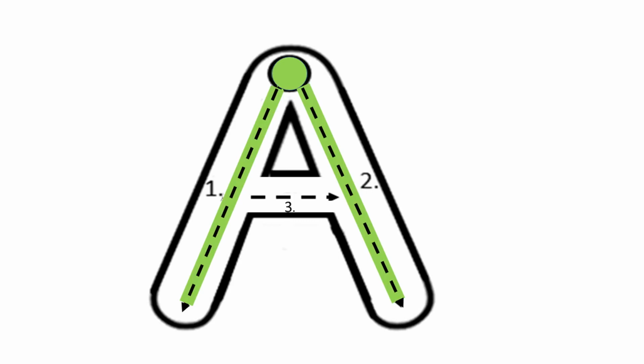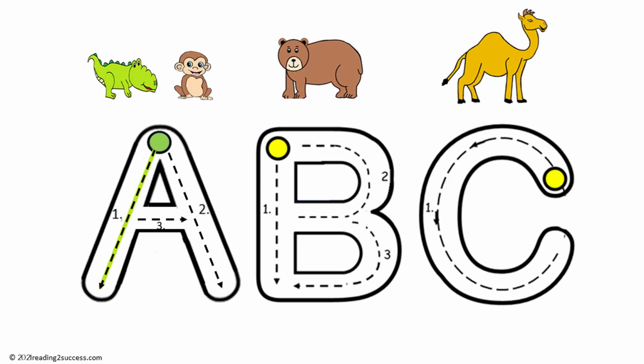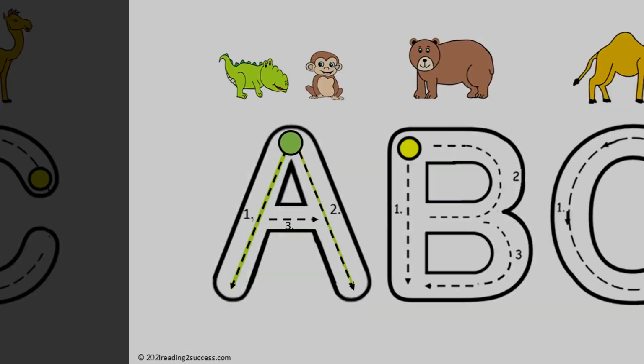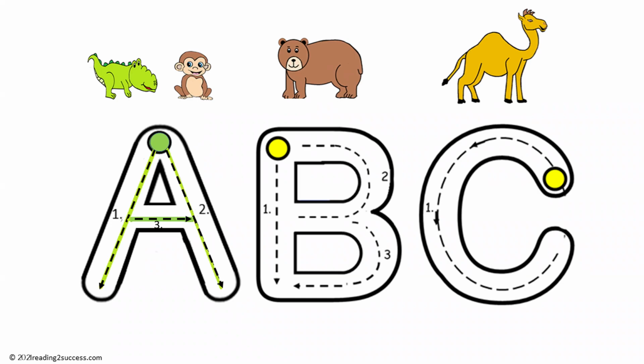Then go back to the top to the green circle and trace down the dotted line next to the number 2. And then go across on the dotted line next to number 3. So now with kids, complete the letter card, beginning with the letter A, tracing down number 1, then number 2, then across with number 3.